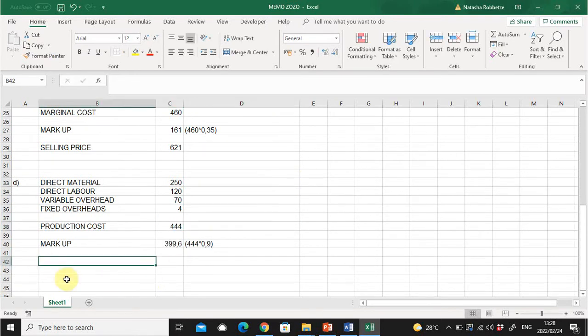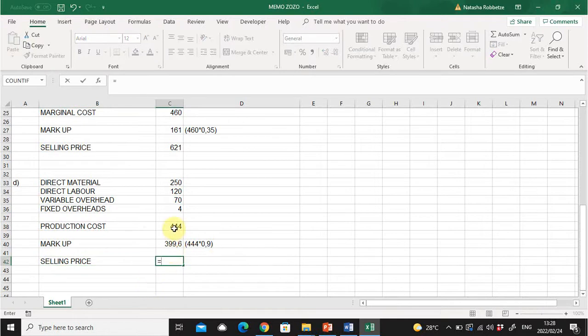And then we're going to add it together to get to our selling price. Selling price 843 Rand and 60 cents.